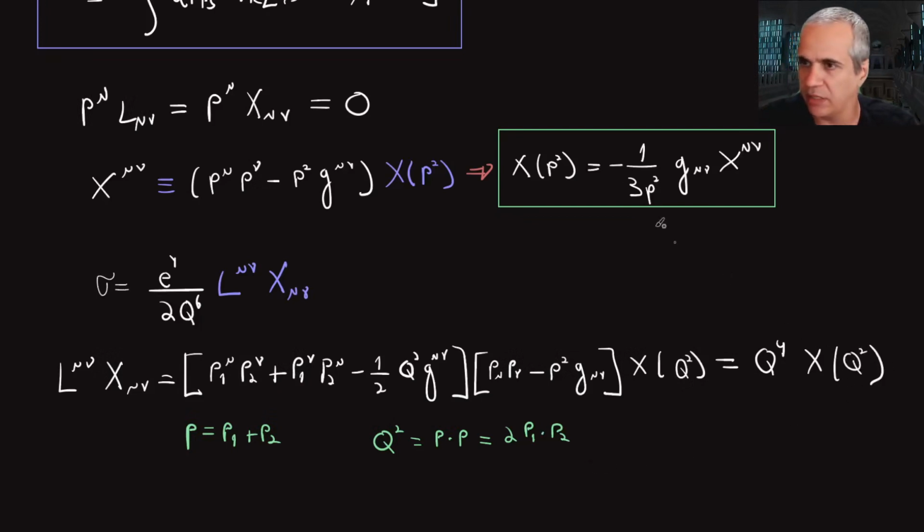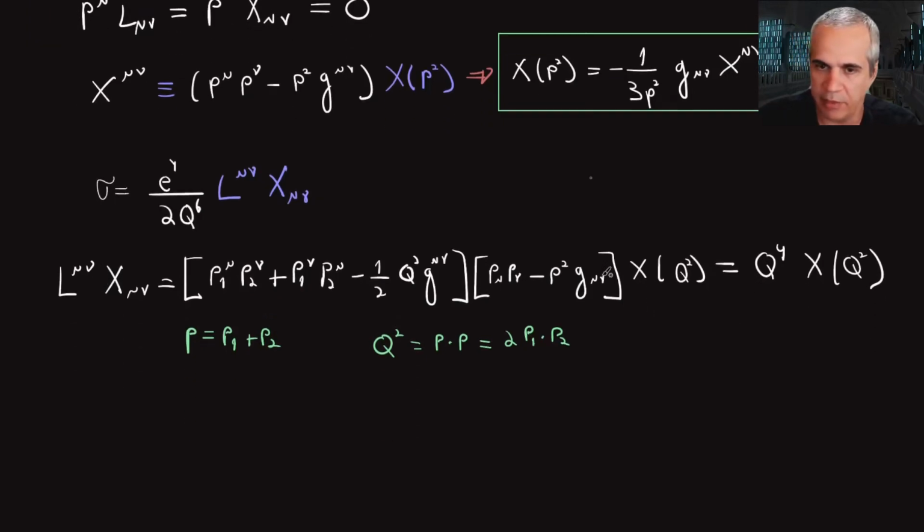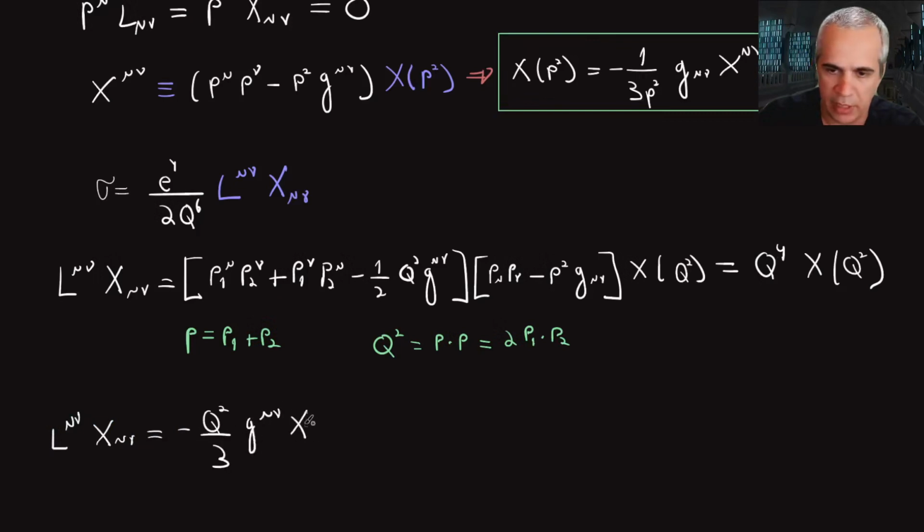Now with this, I can go back here and write L^{μν} X_{μν} is equal. Using this expression right here, I have another factor of Q² in the denominator, so this one becomes just minus, from this minus, Q to the 4th over Q² over 3 g_{μν} X^{μν}, which is a much simpler expression than what we had before.